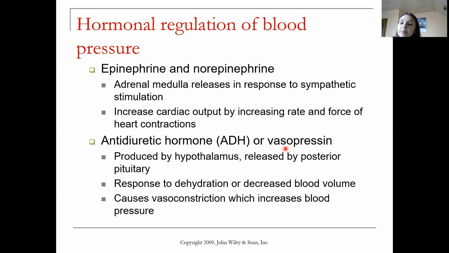This hormone is released due to dehydration and decreased blood volume. It directly affects the kidney and is responsible for direct reabsorption of water. As a result, we return water to the vascular system. In one way, we increase blood pressure, but besides this, ADH also affects the vessels and leads to vasoconstriction.